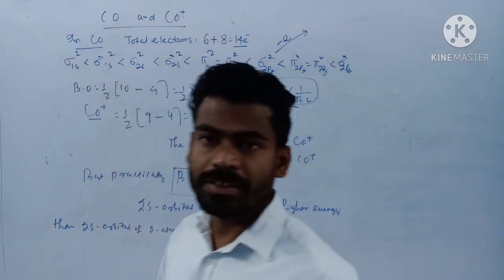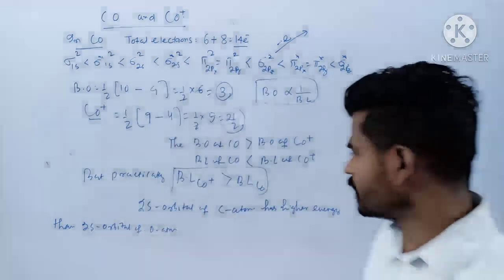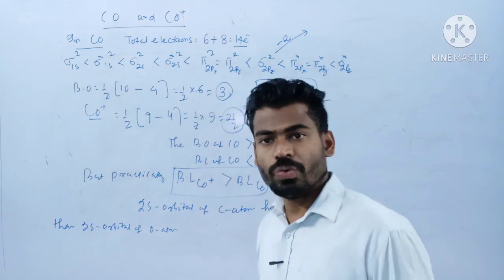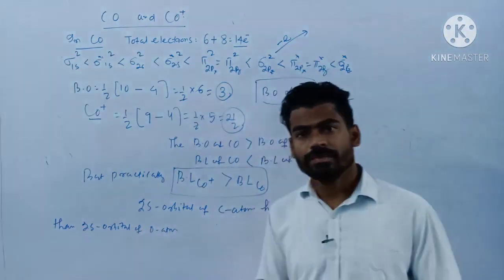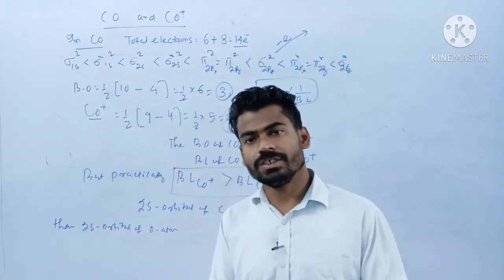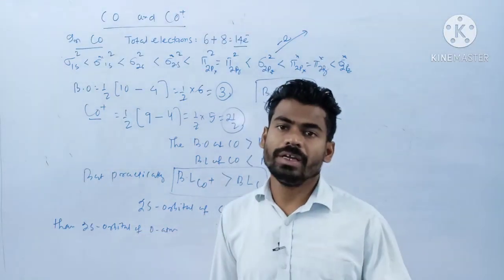That means the 2s orbital of oxygen atom is lesser in energy than the 2s orbital of carbon atom.